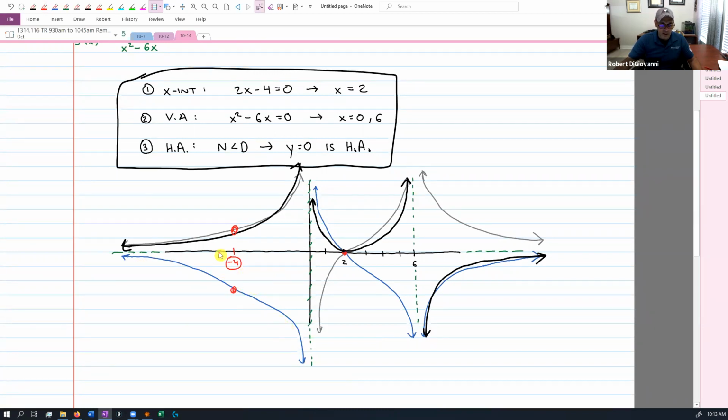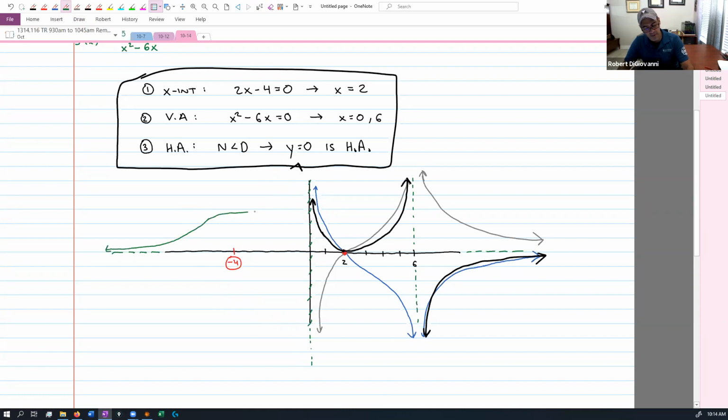Is there any other thing I could have drawn over here? Let me ask you this, could this happen? Let me erase all this because it looks crazy. Could I do this? Could I make it flatten out? And then as I go over here, instead of going up like that, could I have done this and come down?